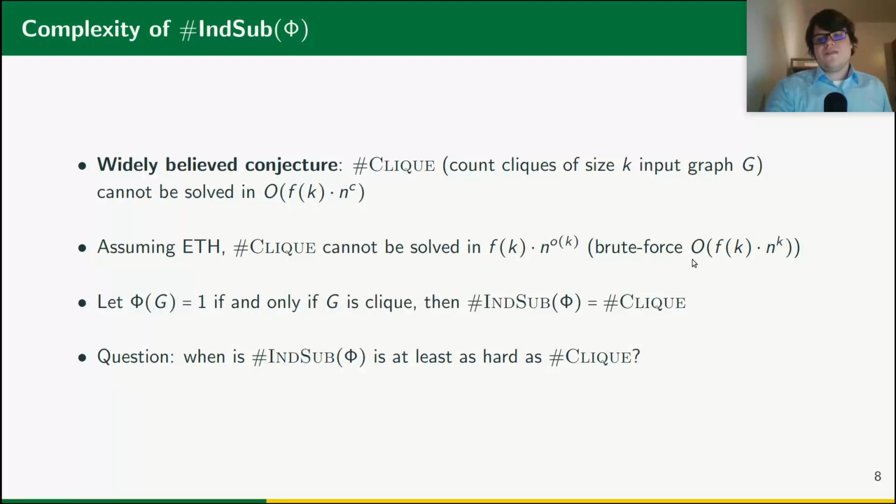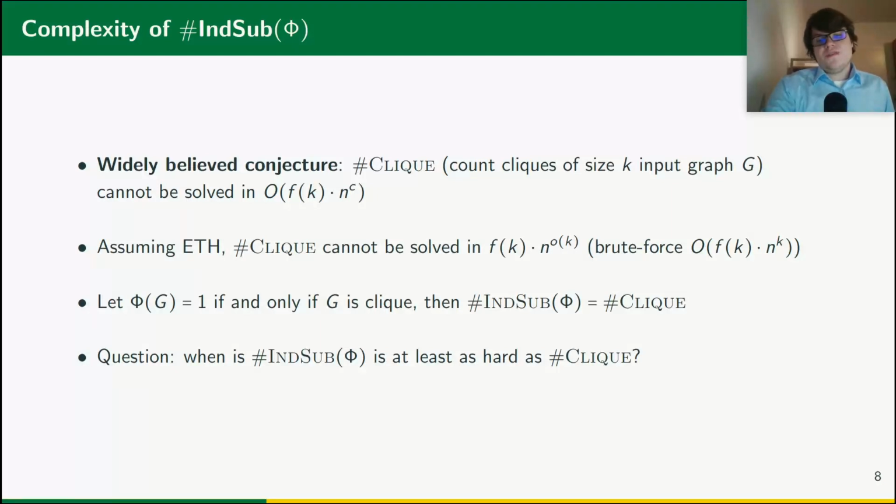And of course, if we define our phi to be the graph property of being a clique, like in this example here, then this problem, the #Sub(phi) problem, is just equal to the clique problem. By definition, they're exactly the same problem. So in this case, we see that this #Sub(phi) problem is exactly as hard as clique.